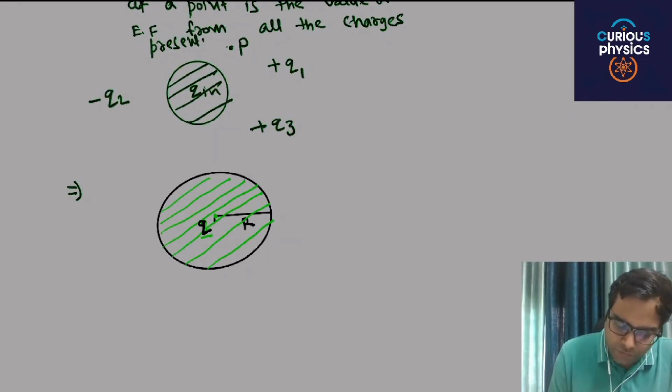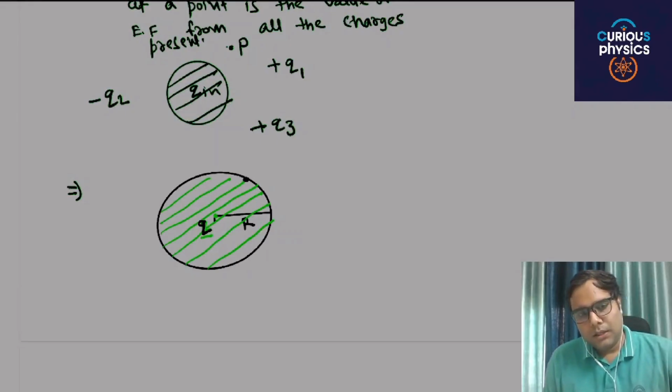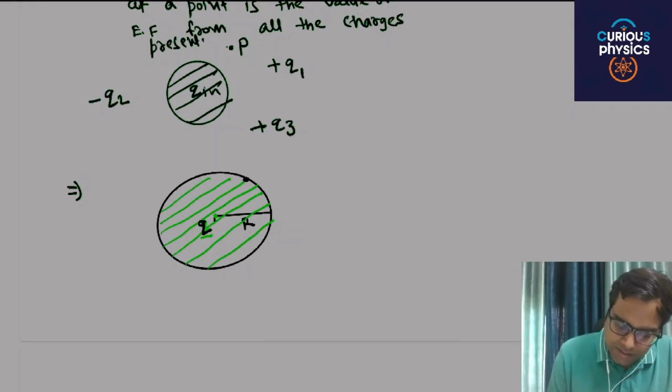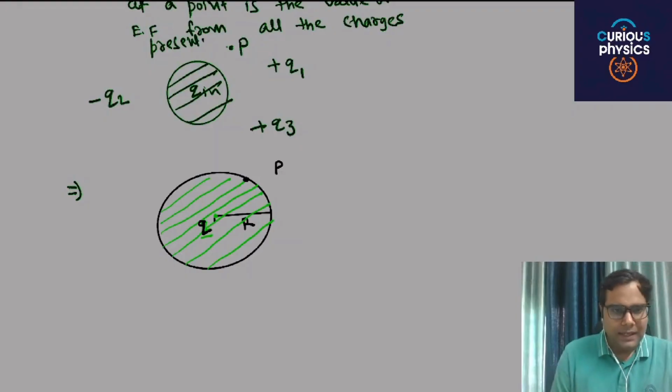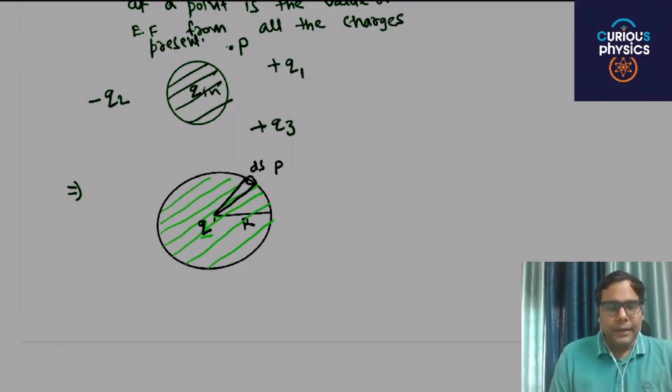Then you have to find the electric flux at point P. Let's choose a small surface area dS.